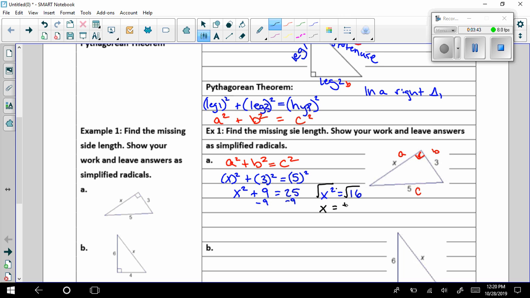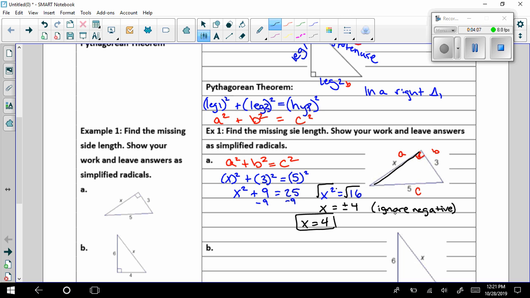Technically, the square root of x squared is a positive or a negative. So the square root of 16 is plus or minus 4. Again, because we're talking about a distance, we're going to ignore the negative and just say that x is equal to 4.